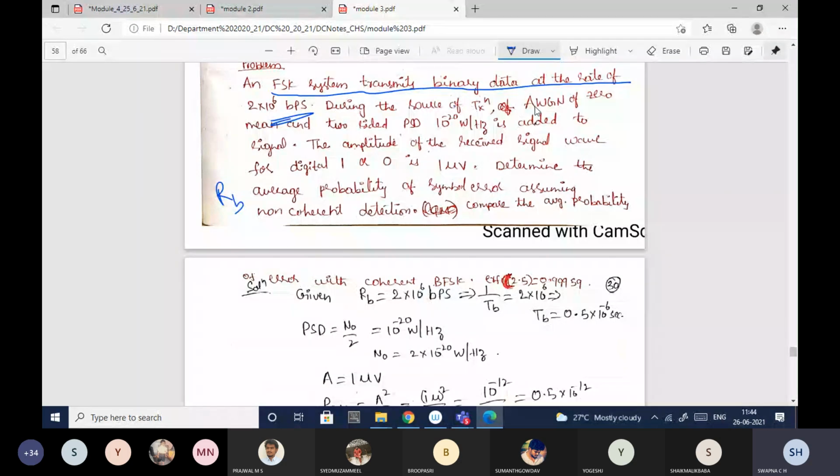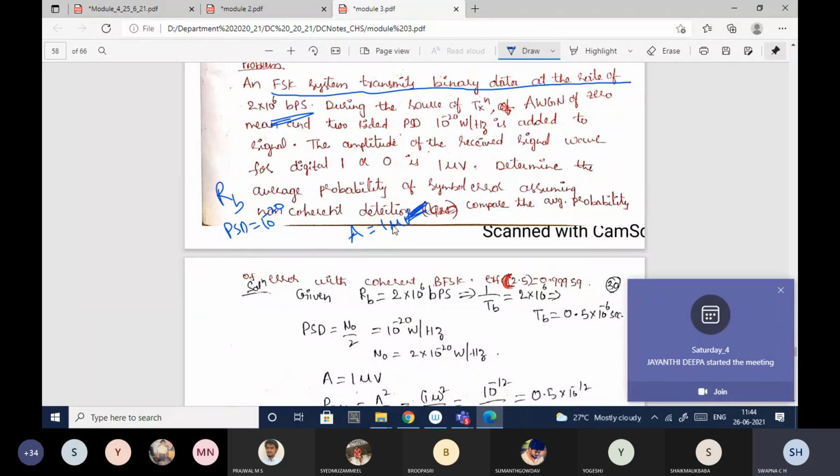During the course of transmission, AWGN with PSD given as 10 power minus 20 is added to the signal. The amplitude of the received signal wave for digital 1 or 0 is 1 microvolt. Determine the average probability of symbol error assuming non-coherent detection.